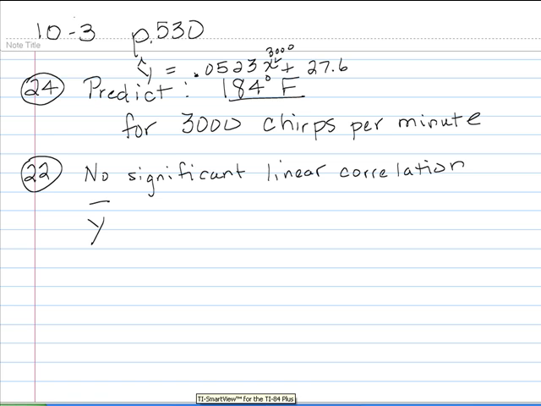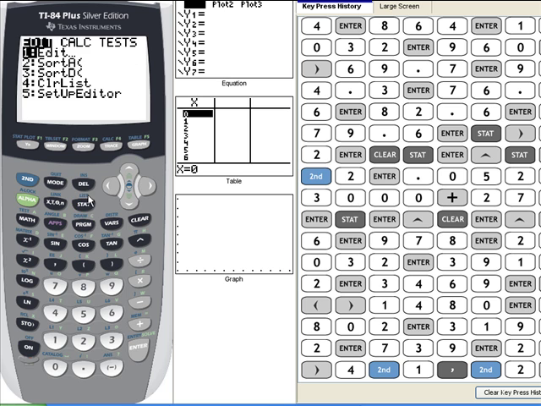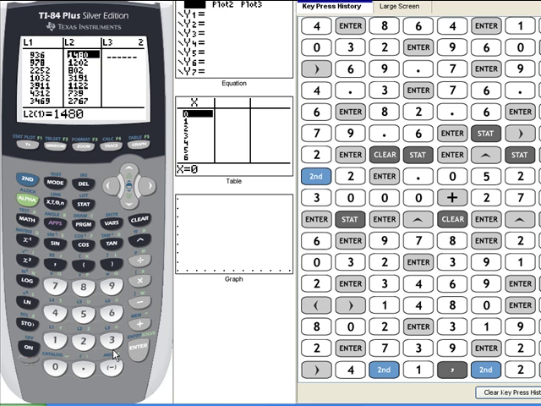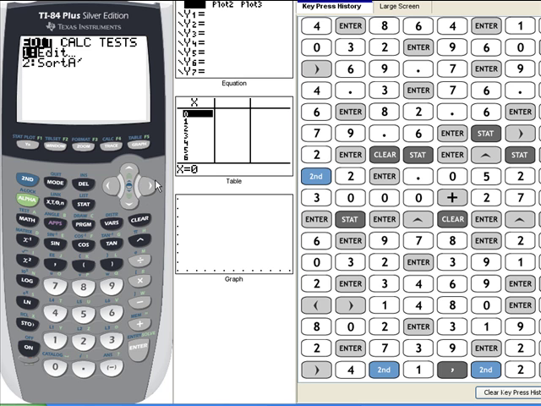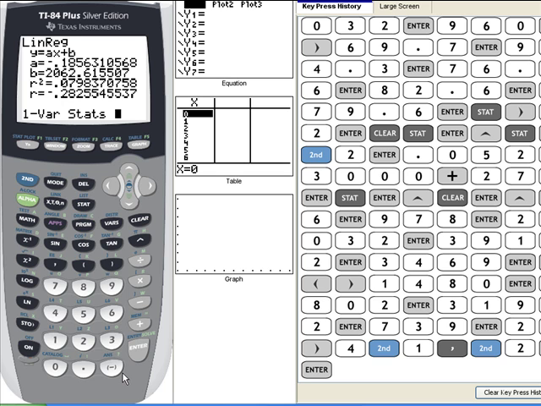So I'm going to go to Stat, Calc. I want one variable statistics. I need to specify though that I want L2 because that's where the y is. Okay, and it's calling it an x bar. It just calls everything x bar. But that's going to be our y bar, 1614.71.